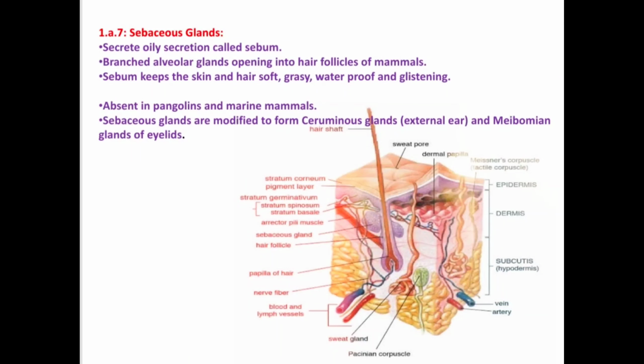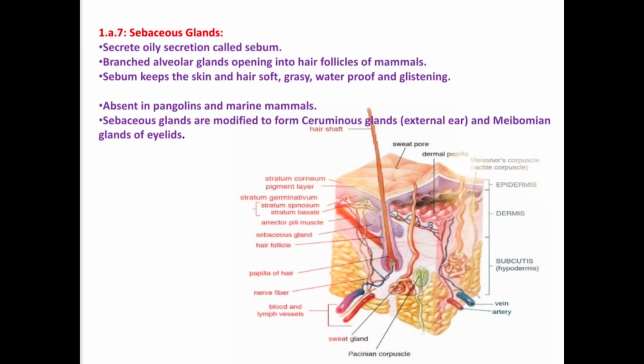This sebum keeps the skin and hair soft, greasy, waterproof, and glistening. Sebaceous glands may also be absent in some cases, and these sebaceous glands are modified to form ceruminous glands of the external ear, or in another case, for example, meibomian glands of eyelids.